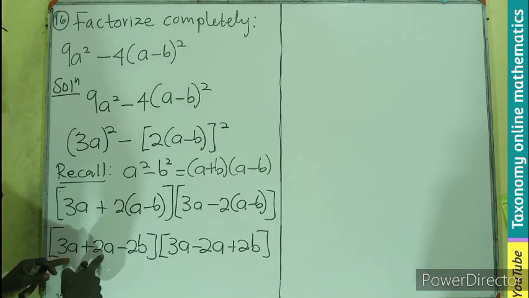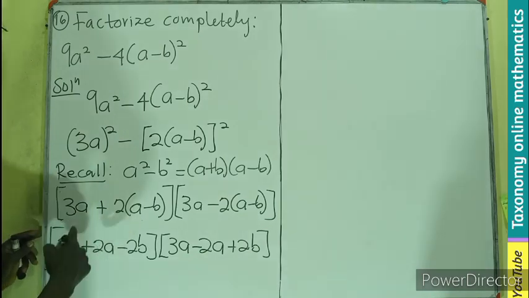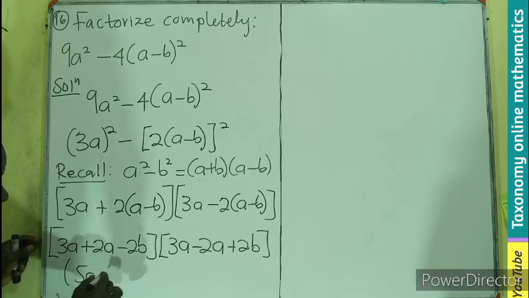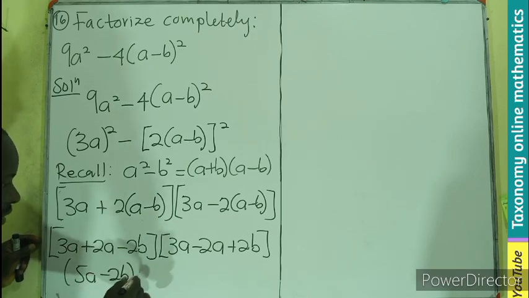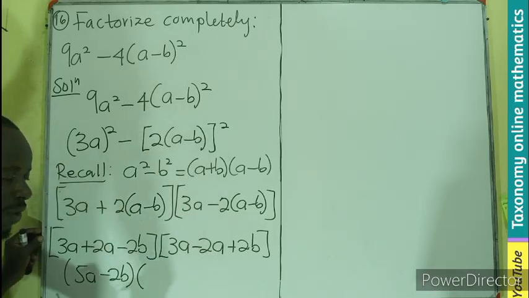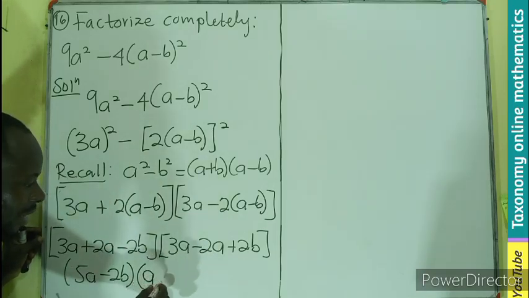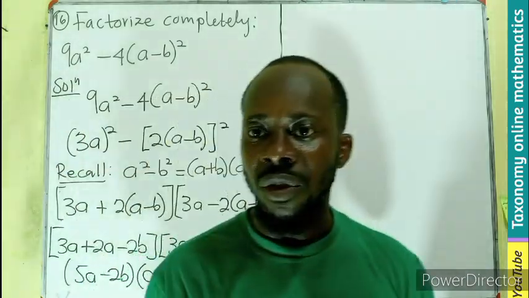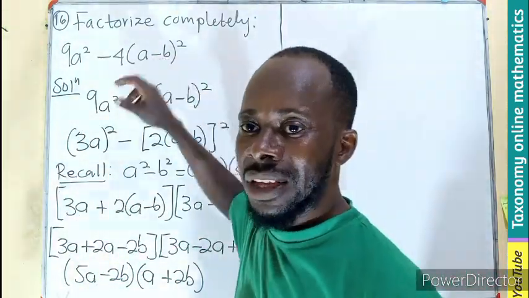I believe you are seeing the common factor, 3a plus 2a. That will give us 5a minus 2b. Then 3a minus 2a will give us only a. Then plus what? 2b. This is the complete factorization of this expression.